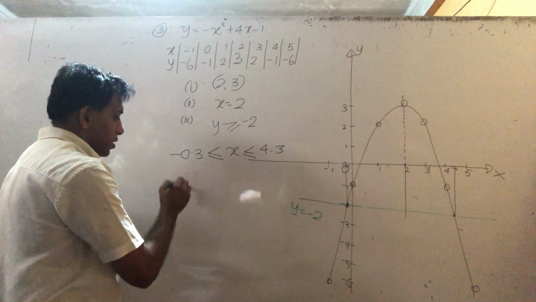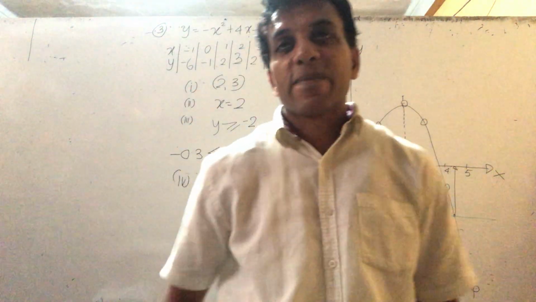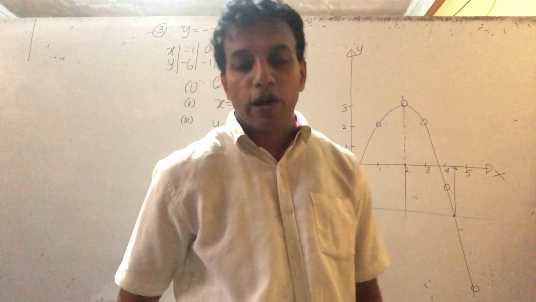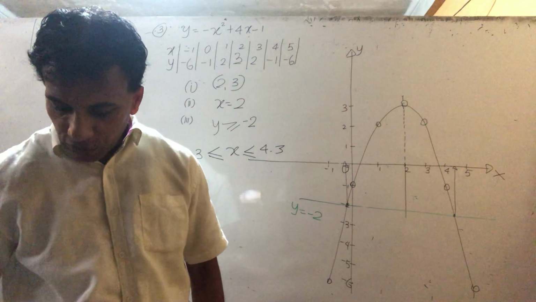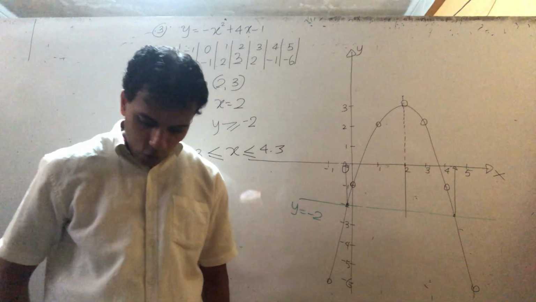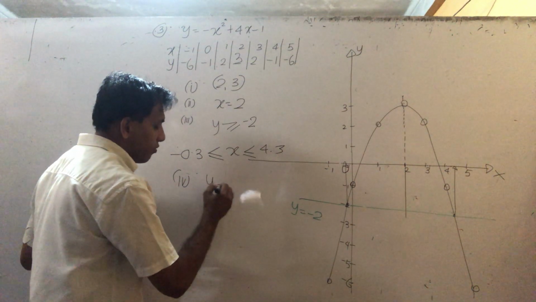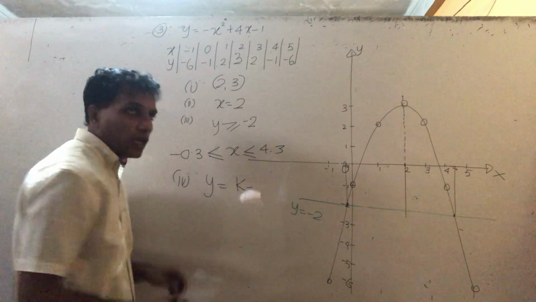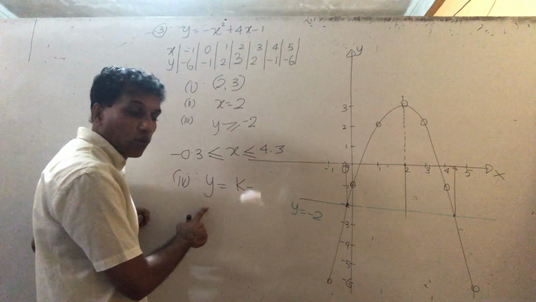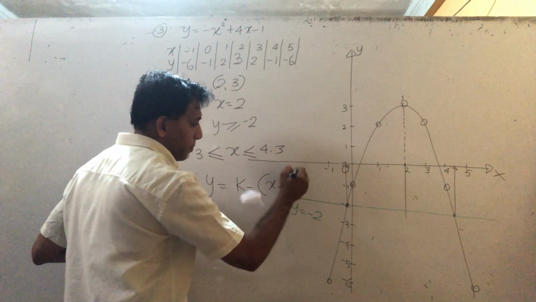Well, next, the fourth part. Show the equation of the above graph in the form of y equals k minus (x minus h) all squared.